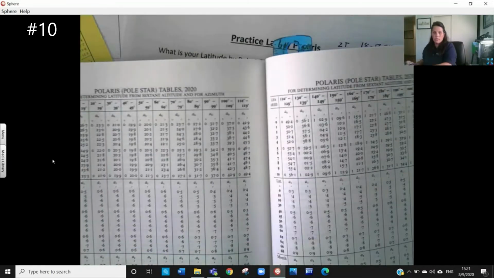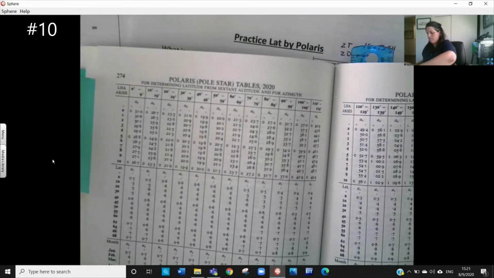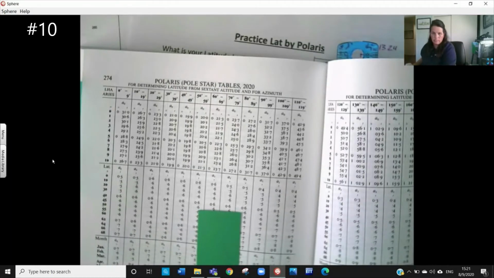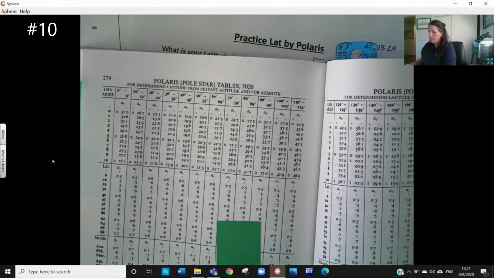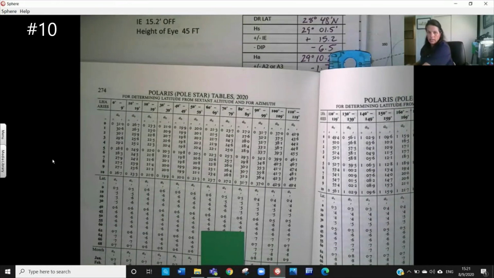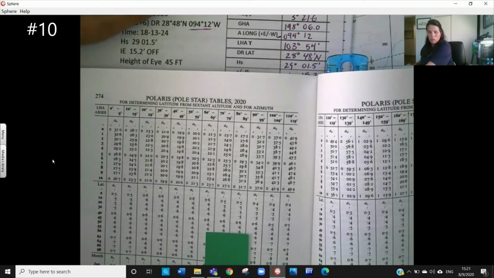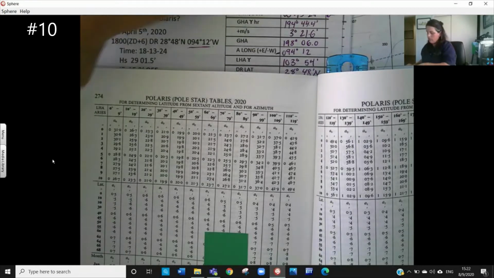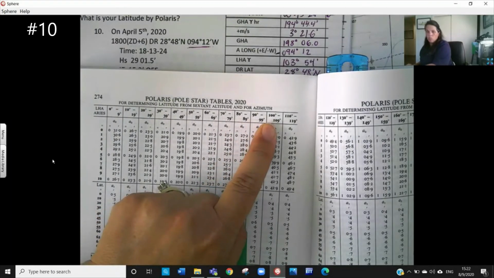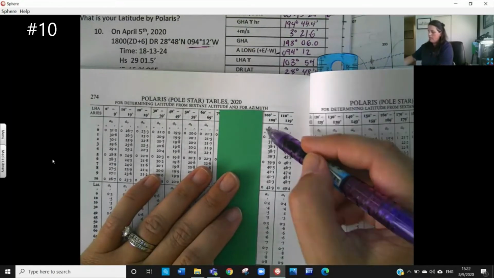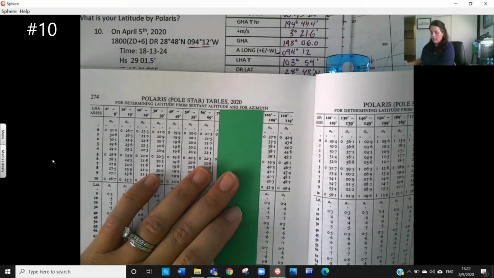So our Polaris table, we are going in with an LHA of Aries. Our LHA of Aries was 103.54. So we're going to go under 100 to 109. So we're going to be in this column the entire time.